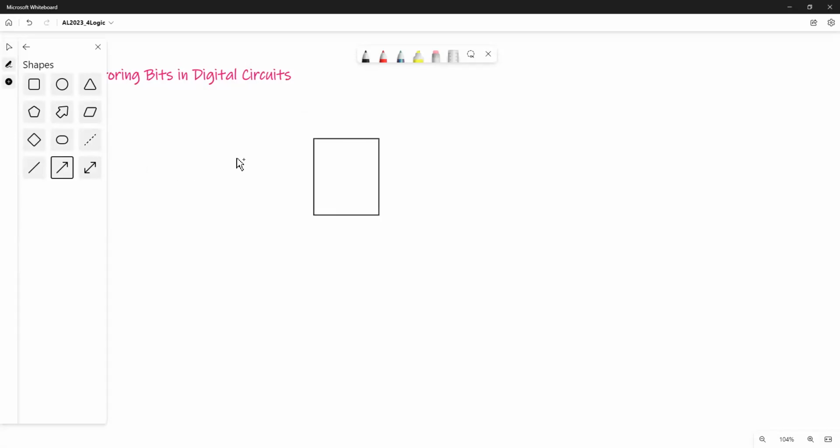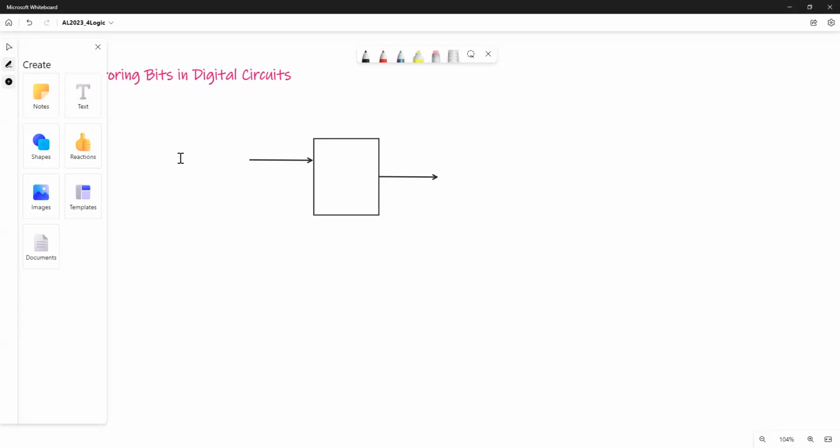So I will have some inputs, and then I will also have some outputs, right? So what you see here is some inputs.